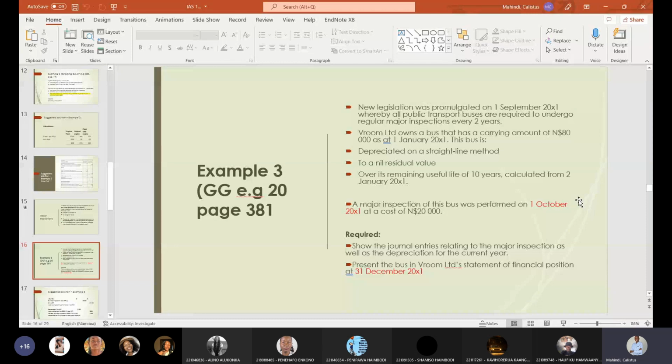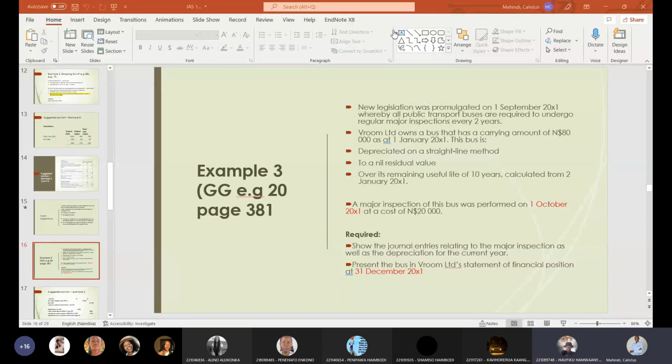What do you do there? In the chat, Alpha says you debit the major inspection with an amount of 20,000 and credit bank with 20,000.